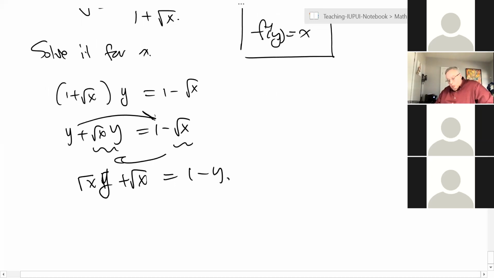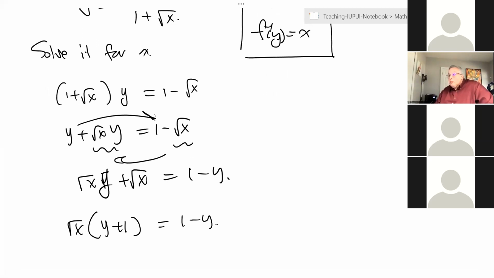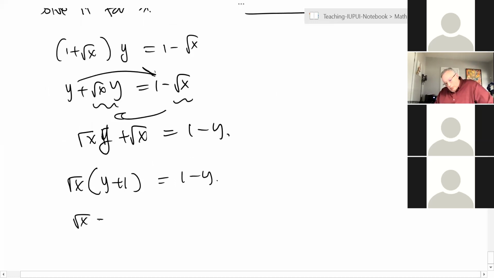So now you factor √x out, and try to solve for x, but you solve for √x first. So √x equals (1 - y)/(1 + y), right?